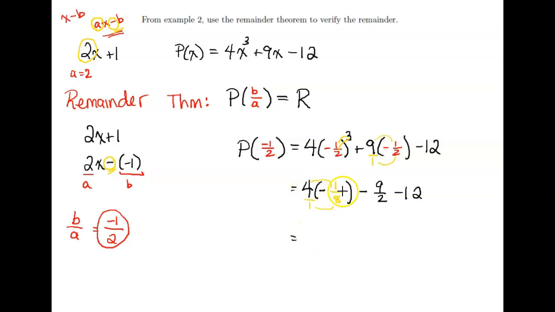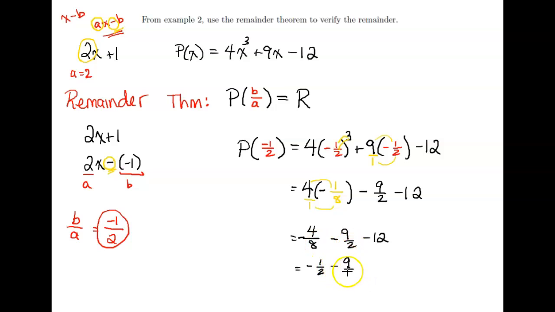So now we're looking at negative 4 over 8 minus 9 over 2 minus 12. As I always remind you, reduce, clean up, and simplify as we go, because 4 over 8, we can reduce. Don't forget that negative. That is the same as negative 1 over 2.